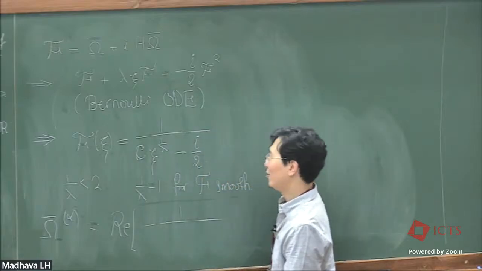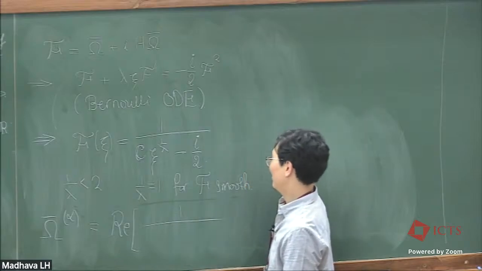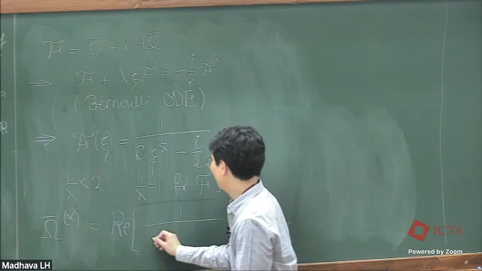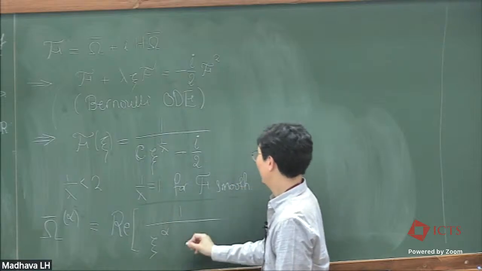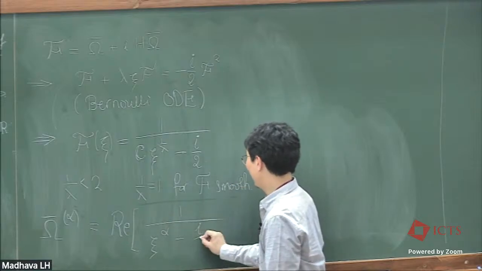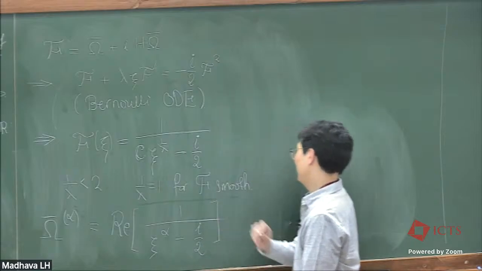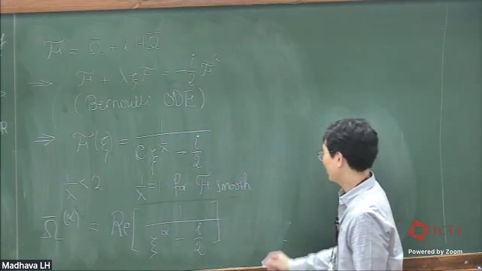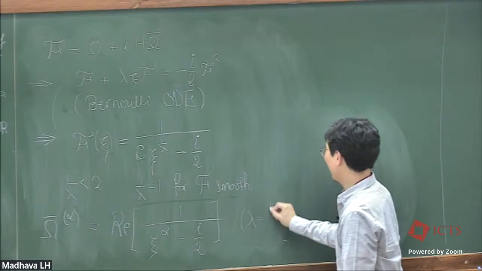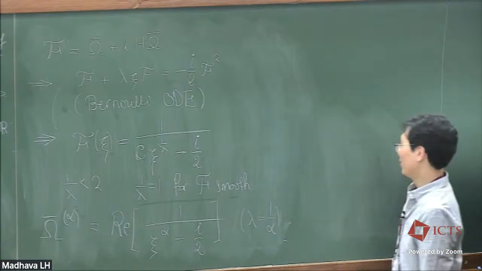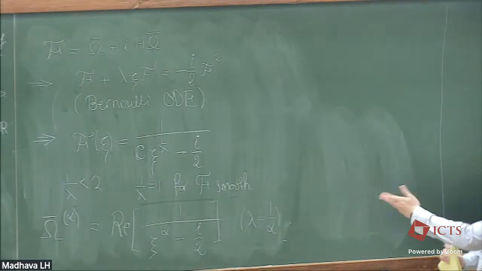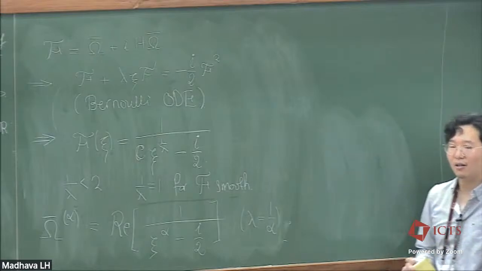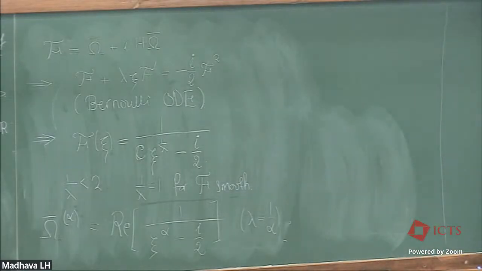You can take any non-zero C, maybe positive, alpha minus I over 2. So what's the point? We take lambda to be 1 over alpha. Okay. This is complex analytic in the upper complex plane.